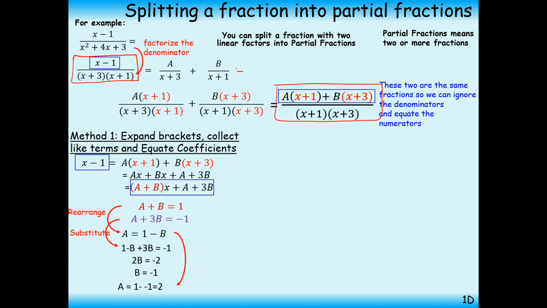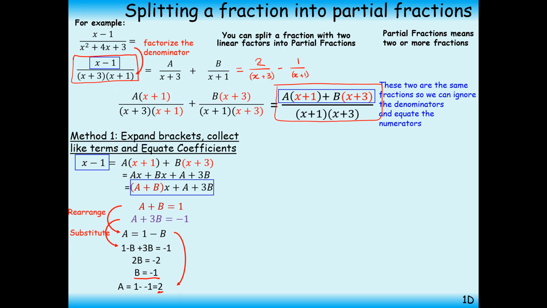Once you've found capital A and B, you will have to write 2 where A is. That means we write 2 on top of x plus 3. And because b is a minus 1, we will simply write minus 1 over x plus 1. We've solved the problem.